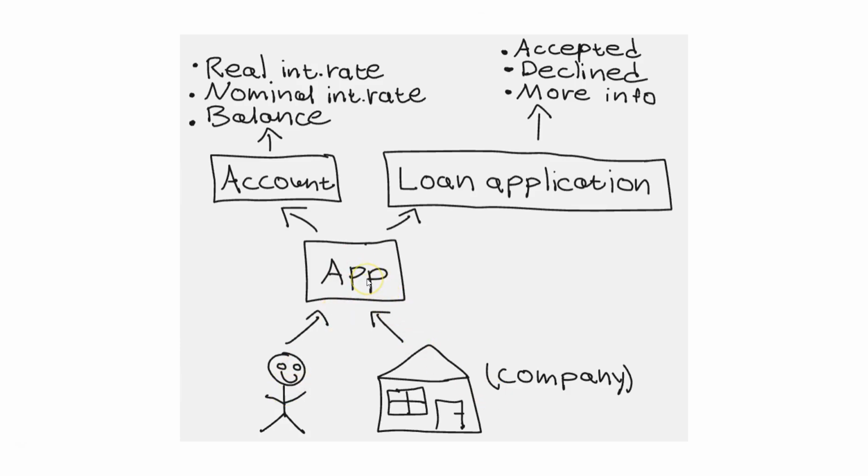In the application, the user can look at account details such as real interest rate, nominal interest rate, and their balance. And in the app, you can also do some kind of loan application, which can be accepted, declined, or the bank can request more information. So this is a graphical representation of the model that John, the banker, and Lisa, the software developer, together developed.